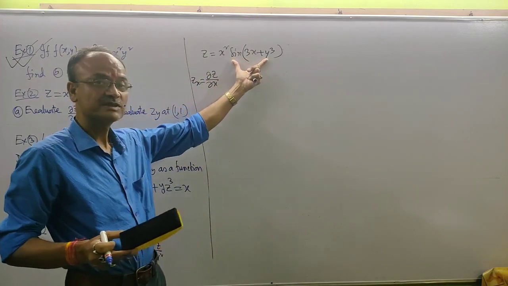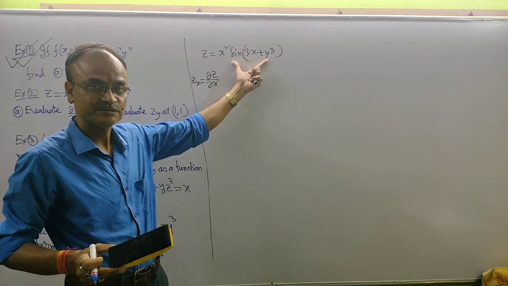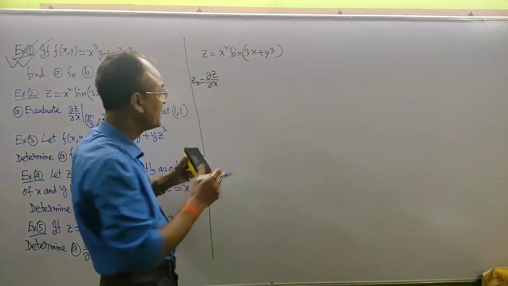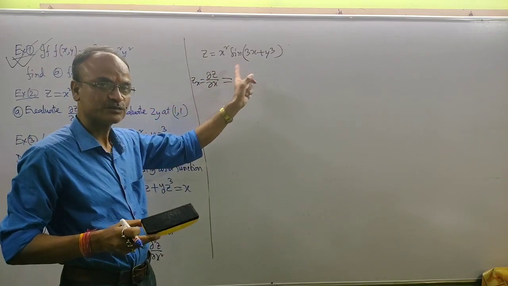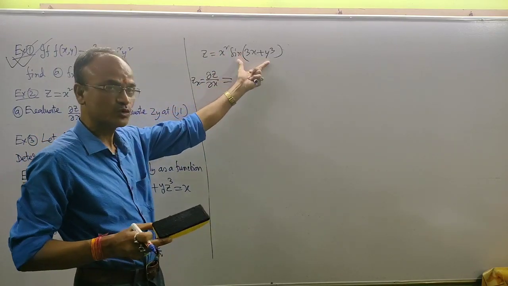What is this, sine of thrice x plus y cube? It is a function of x and y. x square, it is a function of x. Now, it will be a product function. x is here also, x is here also.